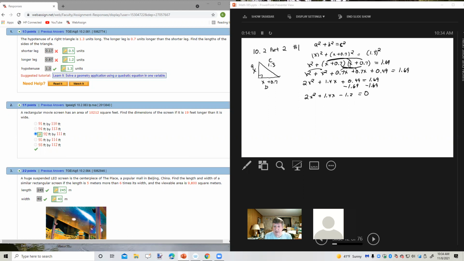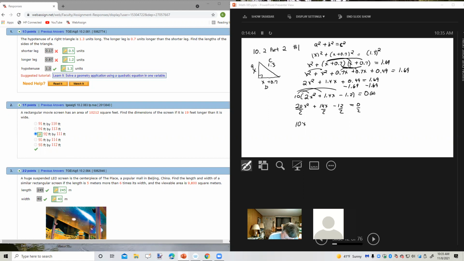Okay, well, I've got a second degree or quadratic equation in standard form. Let's go ahead and get rid of the decimals. So we'll multiply both sides by 10. So we get 20x squared plus 14x minus 12 equals 0. But now, in fact, I can reduce it by a 2. 2 goes into everything.